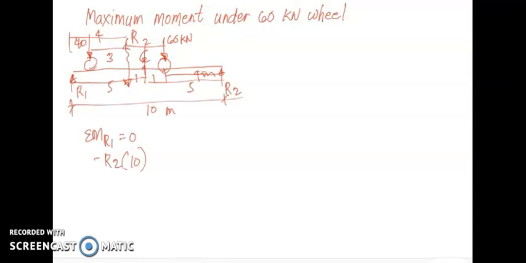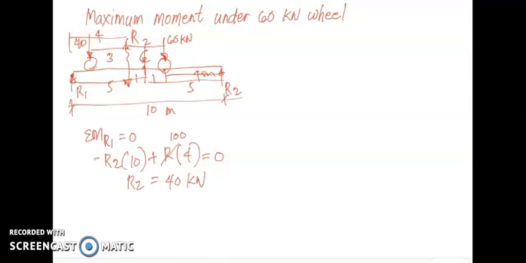So this is plus R times our moment arm distance, which is 4. So from the resultant towards our R1, that is 4, equal to 0. So therefore, our R is equal to, we have identified this one, 100. So R sub 2, therefore, is equal to 40 kilonewton.